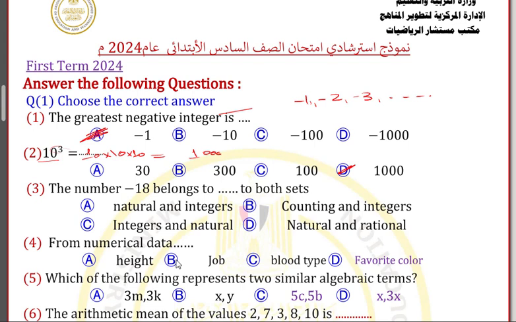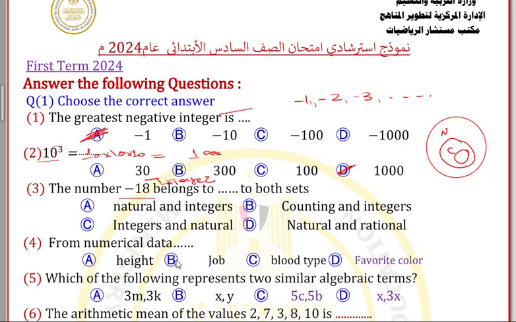There is a problem in the choices. The number -18, as we all know, is an integer, which is Z. As you know, if we draw the Venn diagram, we start with counting numbers, then natural, then integers, and then after this rational numbers Q.